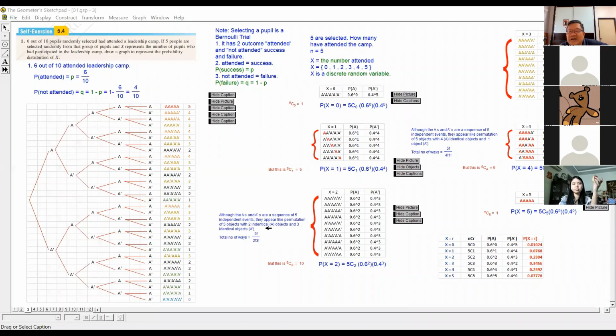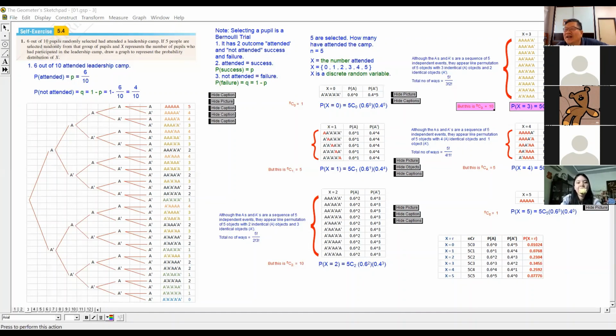Then 0.6 to the power of what, Jiayan? 0.6 to the power 3. Then 0.4 to the power of what? Yes, correct. So it will be 5C3, 0.6 to the power 3, 0.4 to the power of 2. Very good.